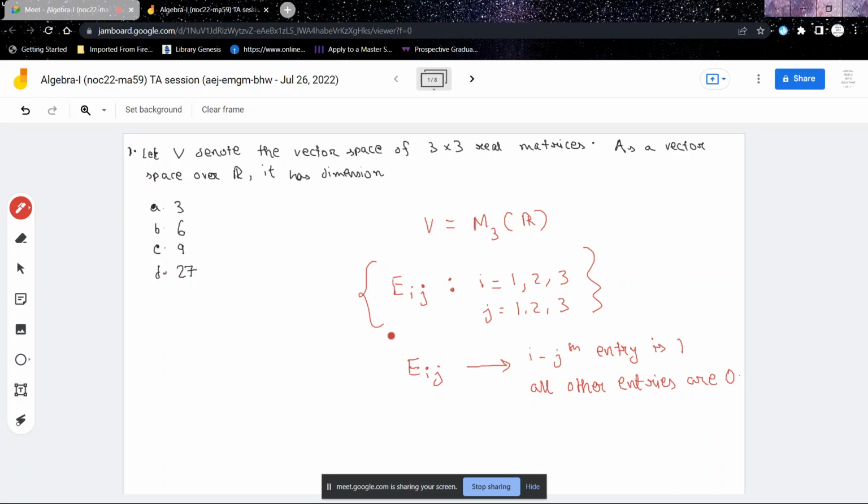You can check that all these matrices are precisely 9 in number, and all these matrices together will form a basis for V. That's easy to see, and so 9 should be the dimension, because the number of elements in the basis is precisely 9. This is not difficult, this is easy.